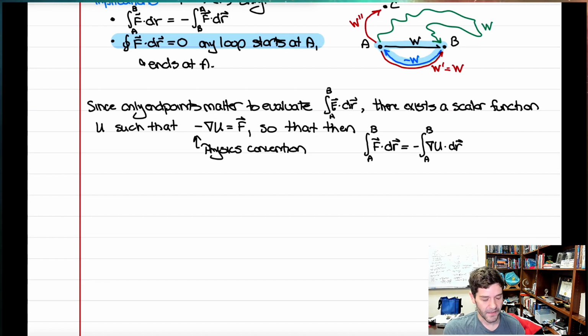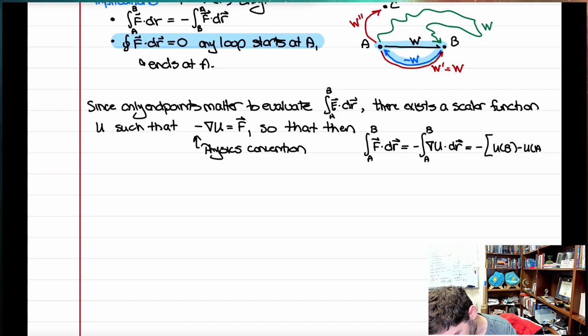But then again, think back to Calc 1, the integral of a derivative cancels each other out. So similarly, a line integral of a gradient cancels it out. But then I have this minus sign thrown in as well. So then I have u at b minus u at a. And then there's an overall minus sign out front, which again is a physics convention. So again, it looks exactly like the fundamental theorem of calculus, but this is for line integrals instead.